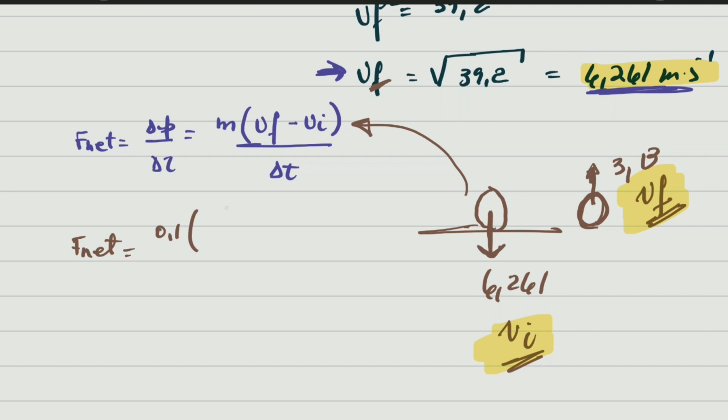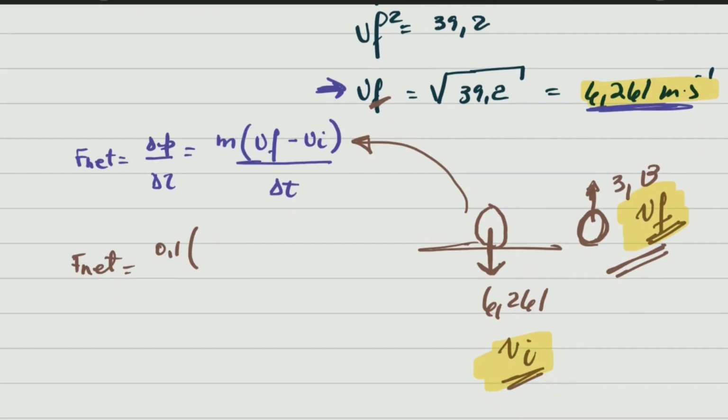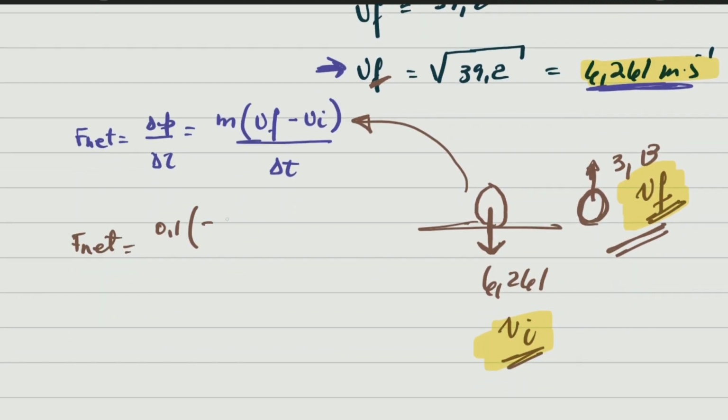So here now we are. What is the final going to be? The velocity with which the ball leaves the ground, which is 3.13. And if we set down as positive, as it is here, then that one is negative. So it's minus 3.13 minus the initial velocity, which was the one we calculated here.